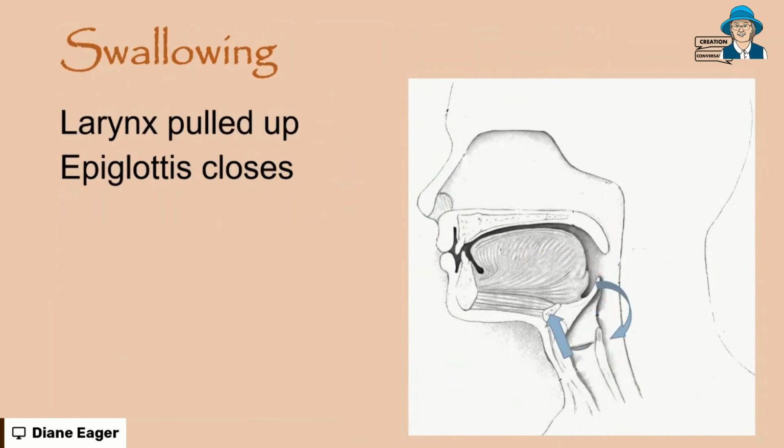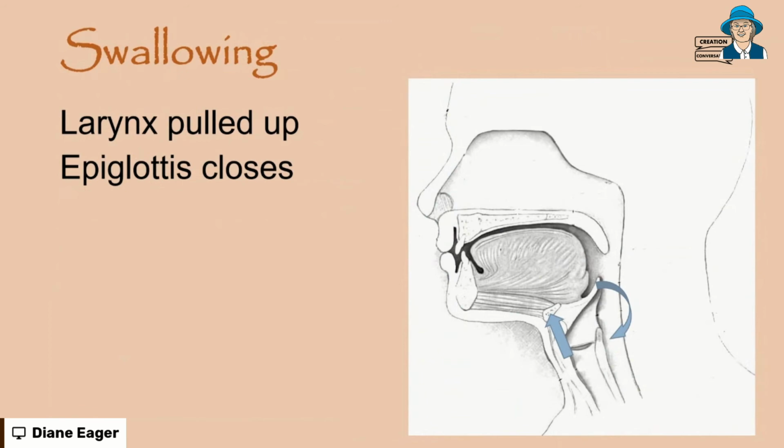When you swallow, and you can just feel this in your own throat, or you see it in someone if you're looking at their neck, the larynx, the voice box, gets pulled up by the muscles that are in the base of the mouth, which means that that little flap at the top there, which is called the epiglottis, gets folded down when you pull the larynx up, and it does actually close off the airway for that brief period when you are swallowing and food or liquid from the mouth has to go past there.